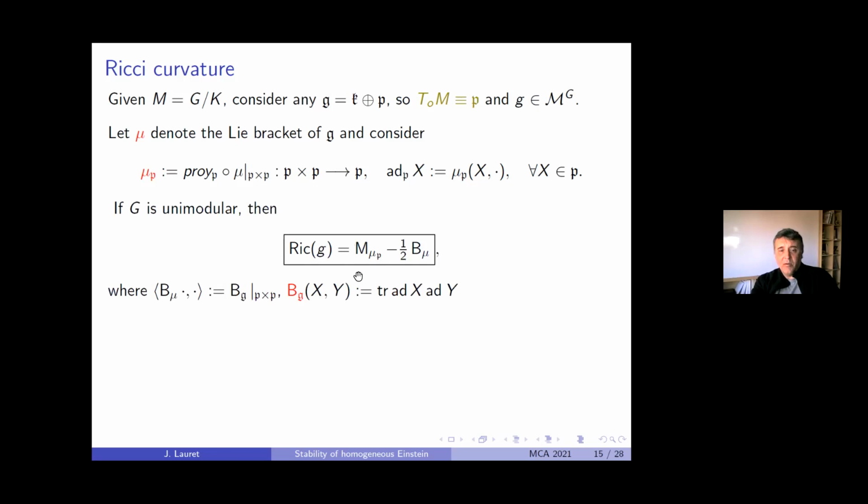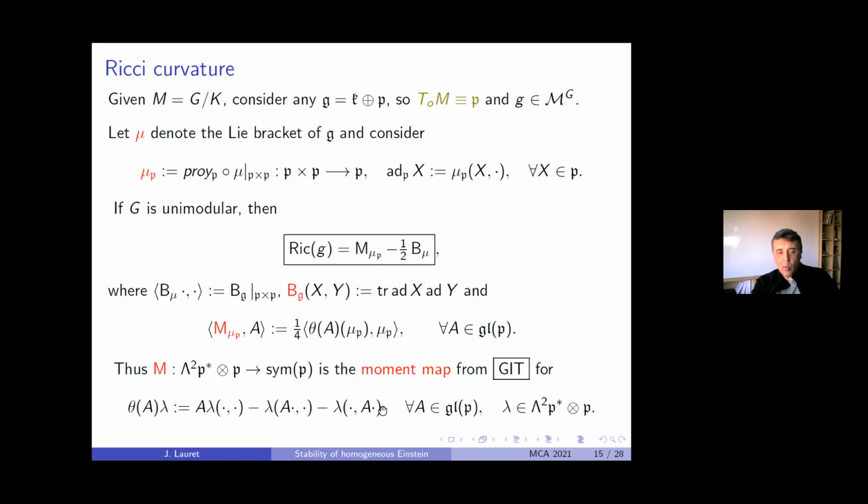And so the formula for Ricci has two parts. B_mu is the Killing form. It's a very algebraic object associated to the Lie algebra. And this M is defined like this, where theta is this representation. But it turns out that it's precisely the moment map from geometric invariant theory for this representation.